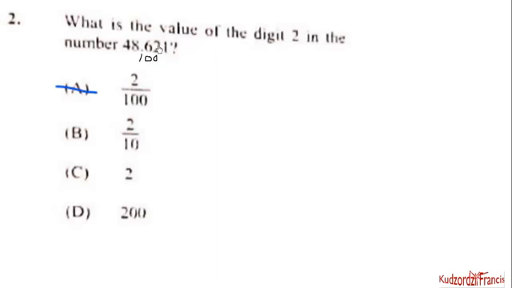So this is out of 100, this is out of 10, then this is out of 1000. So for the 2 here, the value is 2 out of 100. So the correct choice is A.